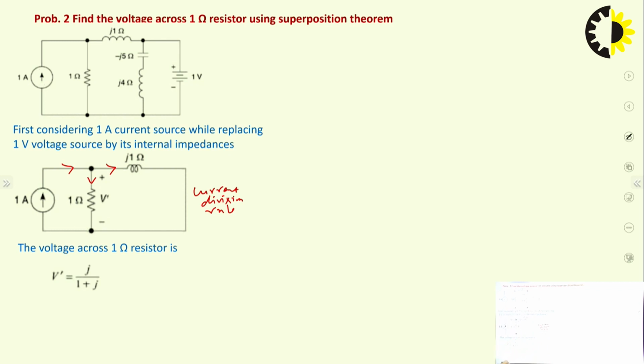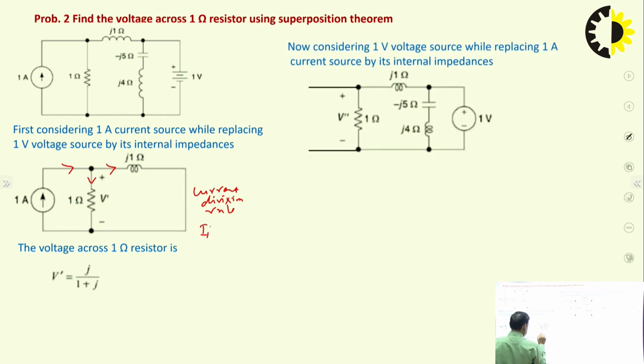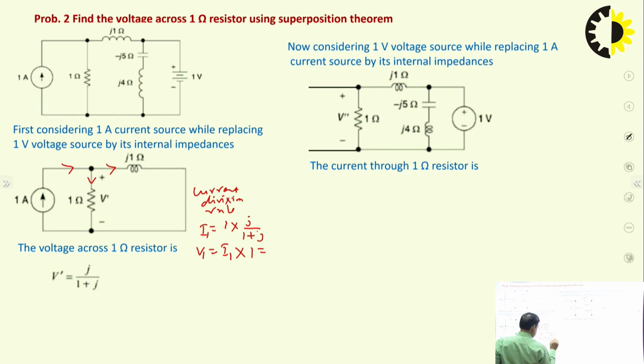The current through this, say I1, is 1 into j1 upon 1 plus j, and V1 is equal to I1 into this 1 ohm resistor. So this is j upon 1 plus j. This way we can get it.